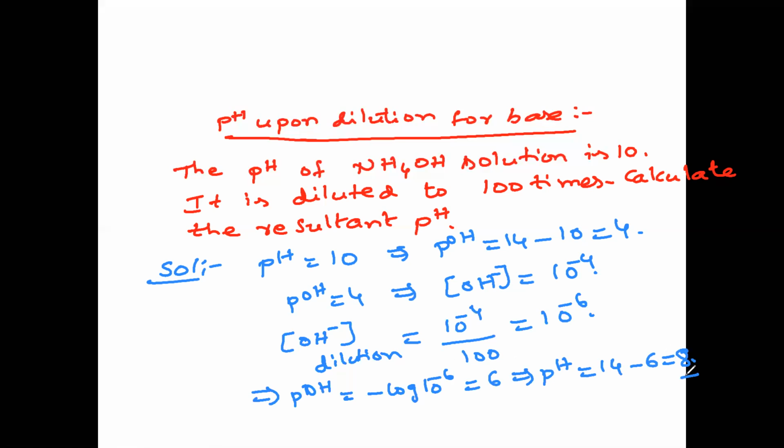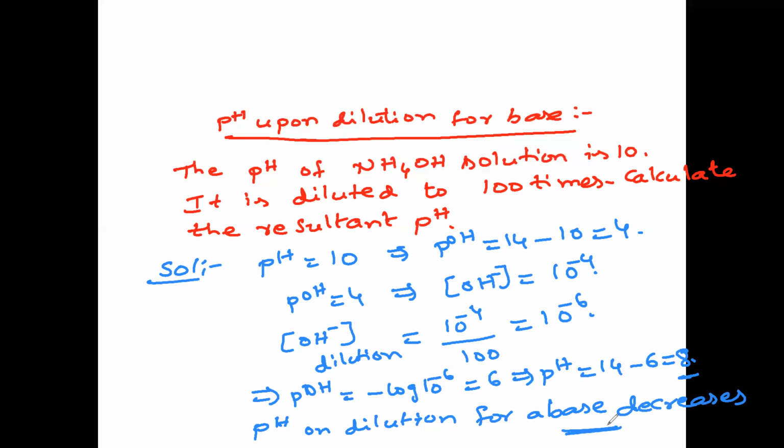So by this what you can understand: initial pH is 10, final pH becomes 8. By this, the pH on dilution for a base decreases.